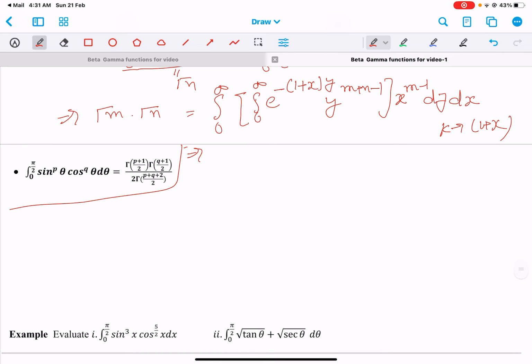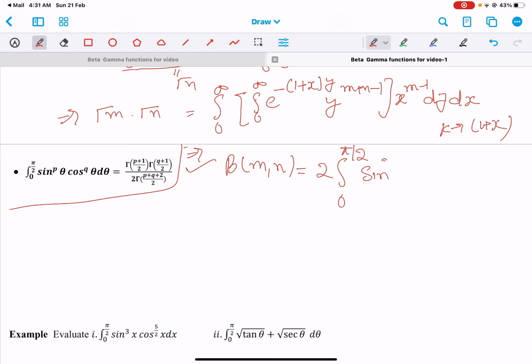So here again I want to prove this result now. You already know that another form of beta function was given by twice integral 0 to pi by 2 sine 2m minus 1 theta into cos 2n minus 1 theta d theta. This also we did while we were taking up the gamma function.